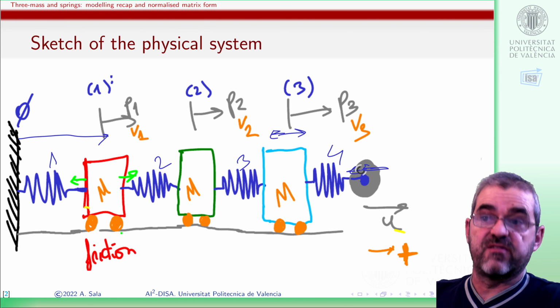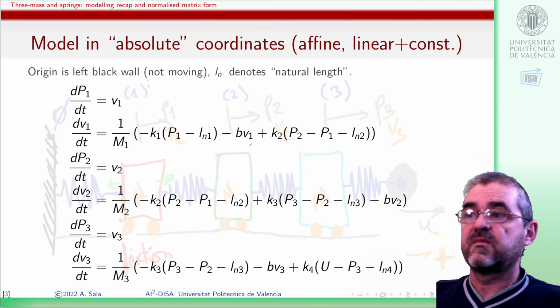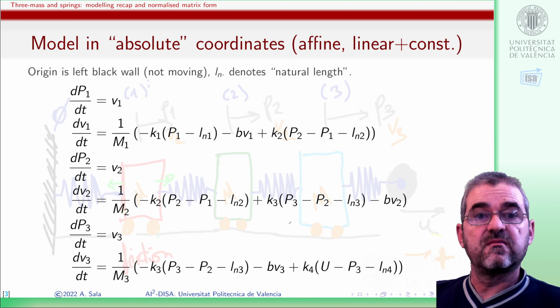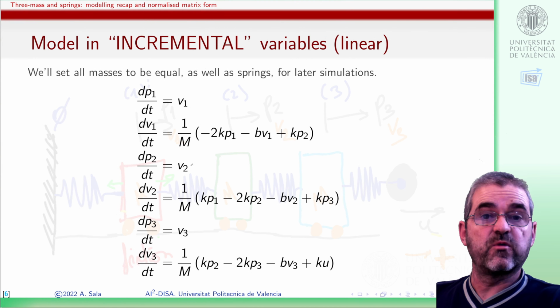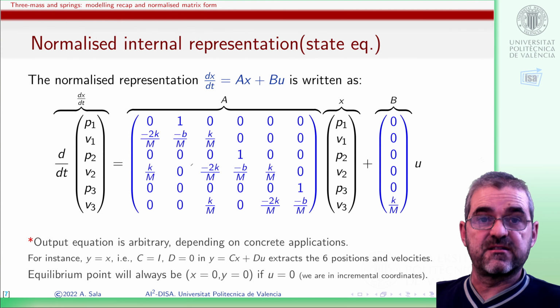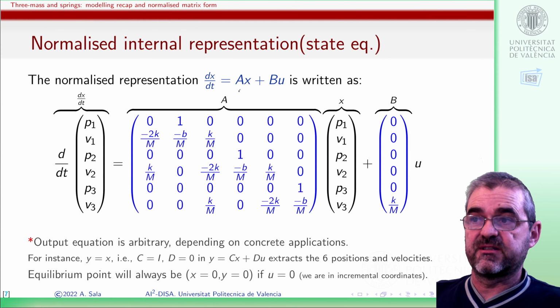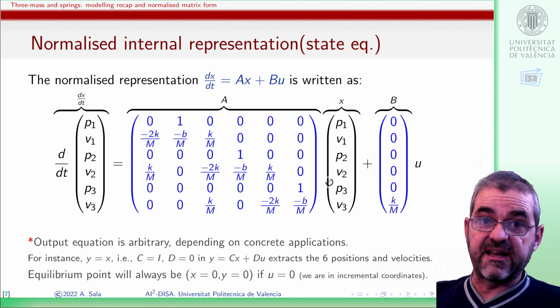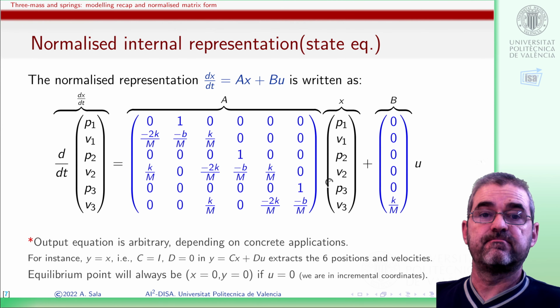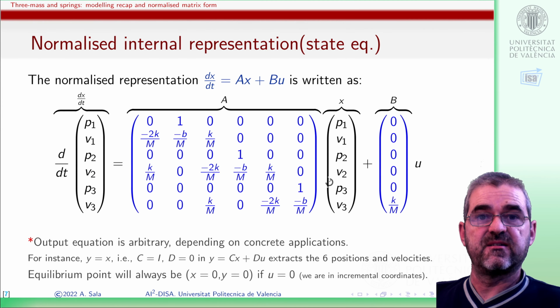So if this is our problem, then we can simplify these equations by dropping the lateral lengths and forgetting them, and end up having this set of equations, which, in order to use linear system simulation software or linear system theory, can be written in matrix form, as we did in this slide. Actual simulations will be carried out in a forthcoming video, but for the moment, we end here.